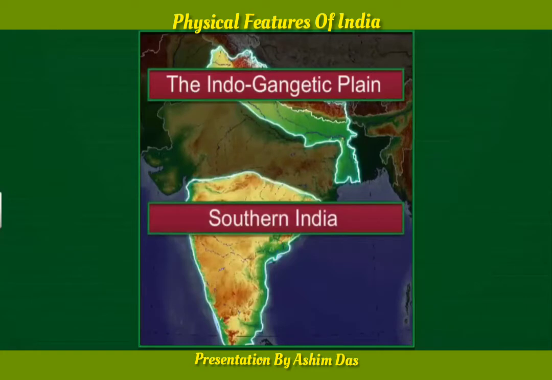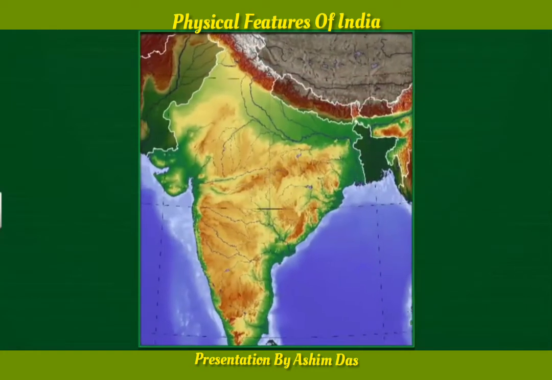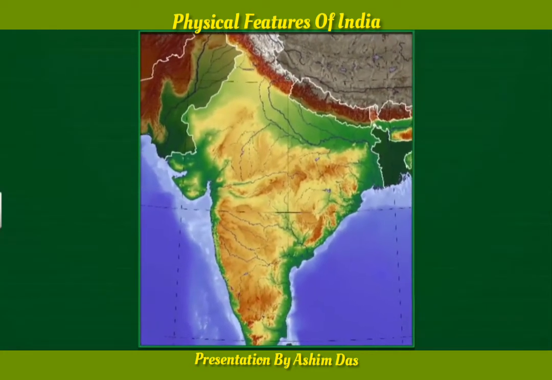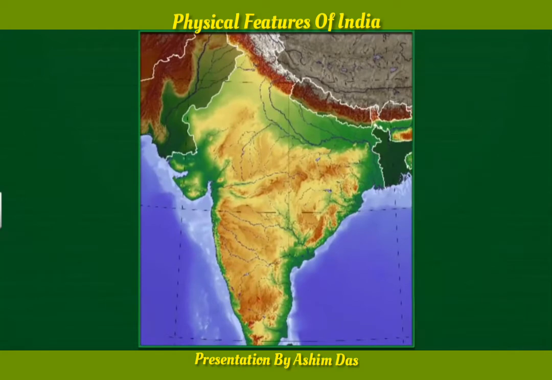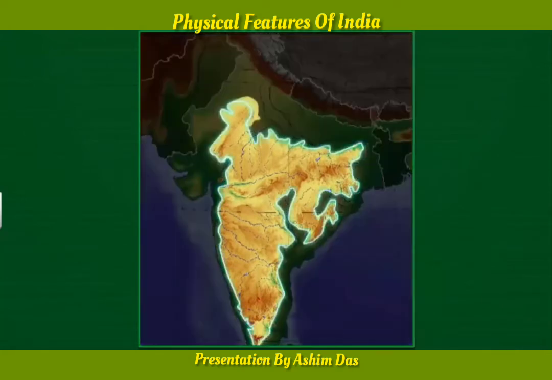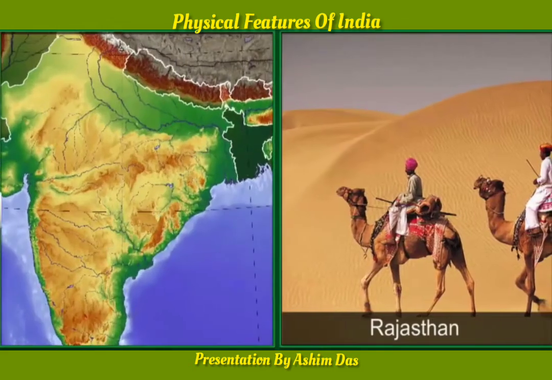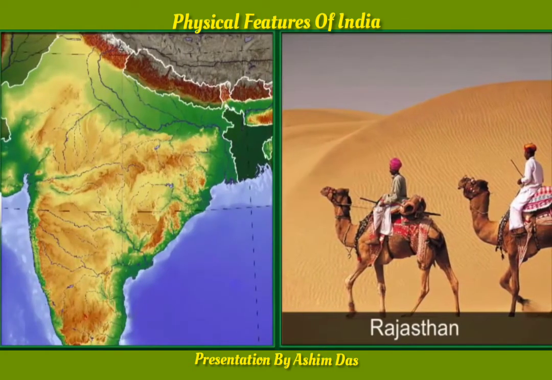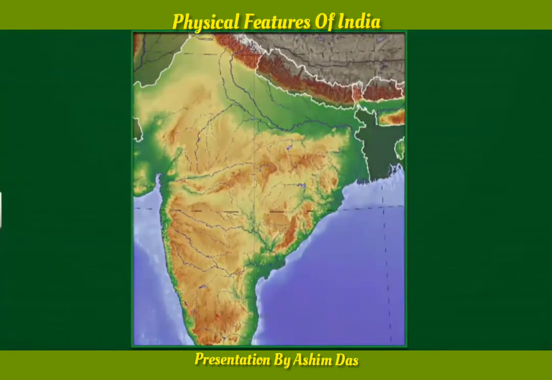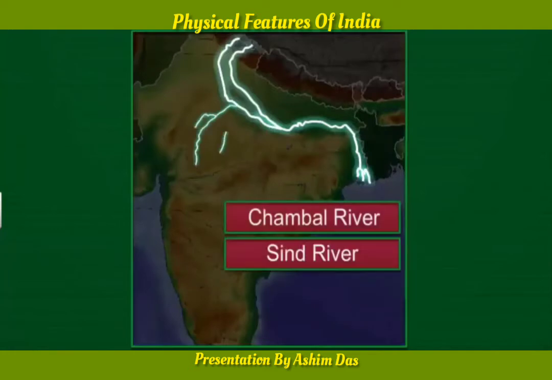Moving a little west along the Vindhya Range, the Peninsula Plateau gradually merges into the sandy and rocky desert of Rajasthan. Let's take a look at the rivers in this region. They are the Chambal, the Sindh, the Betwa, and the Ken.